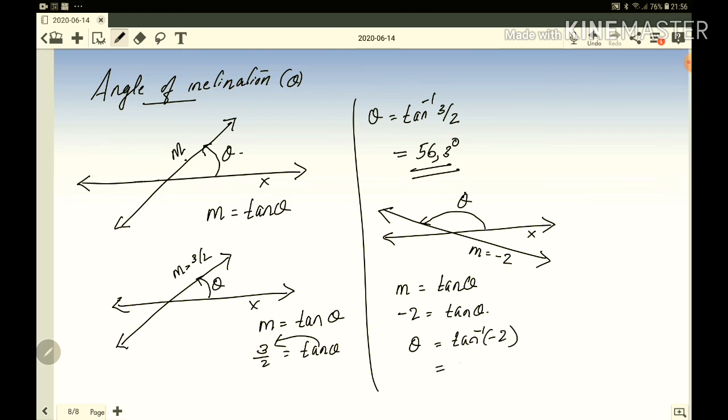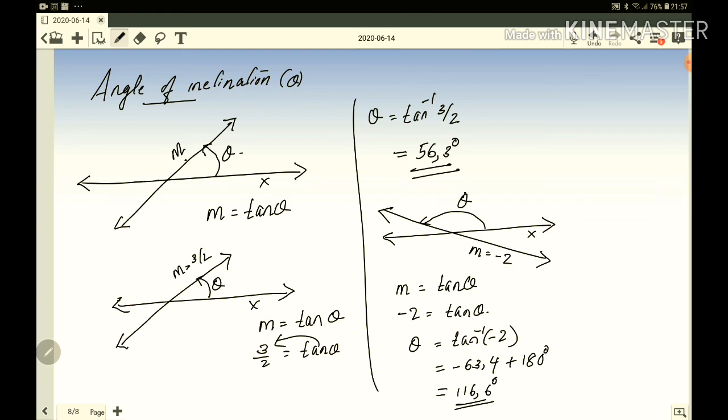When you use the calculator, it will give you -63,4. Since it is an obtuse angle, you have to add 180 also. So the gradient is negative. First you solve for theta, that angle is negative, add 180, then you will get that obtuse angle, 116,6 degrees. So this is how we are finding the angle of inclination.